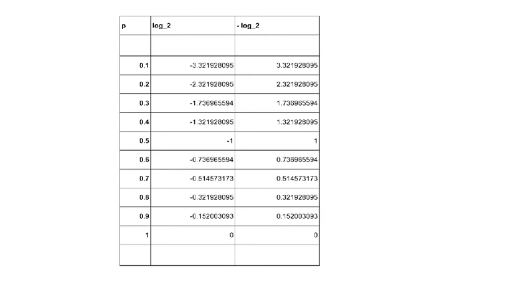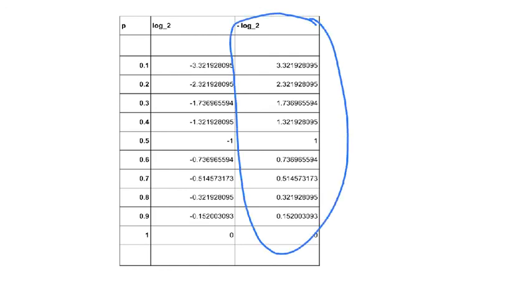When I negate the log, this is what I have, as you can see in this new column. This is a negative log, so it's positive. It is all positive numbers, and of course for 1 it remains as 0, right? So the numbers now look nicer. That probably explains the negative.